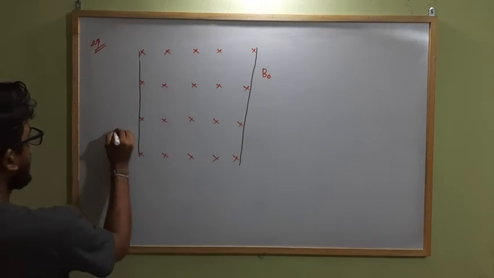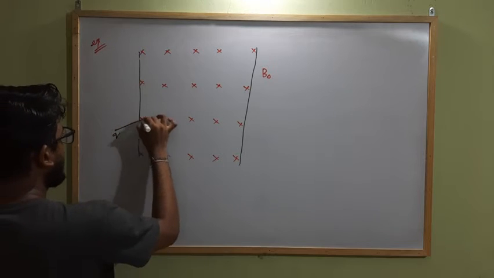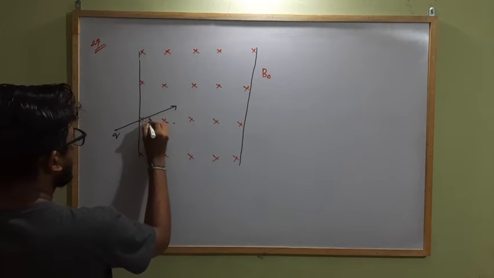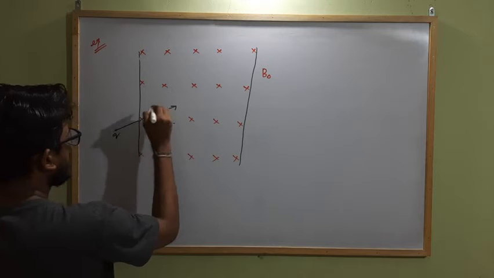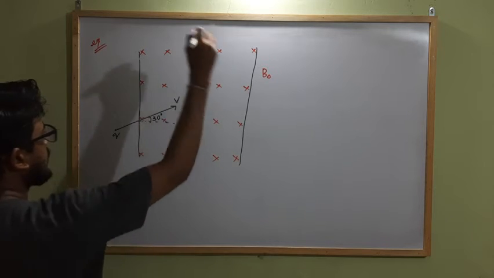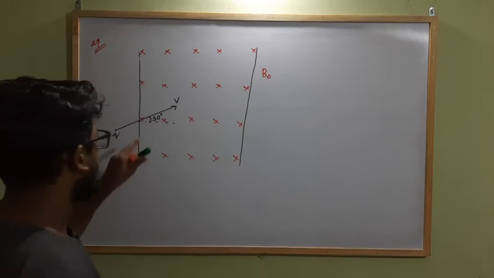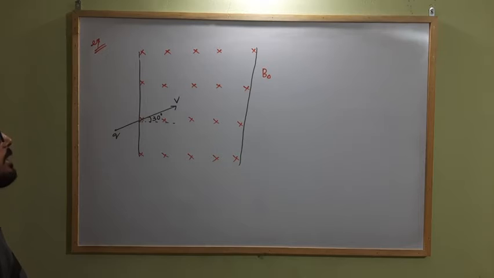A charged particle Q enters the magnetic field at an angle 30 degree with the horizontal, with velocity v. Find up to how much time the charged particle will remain within the magnetic field.